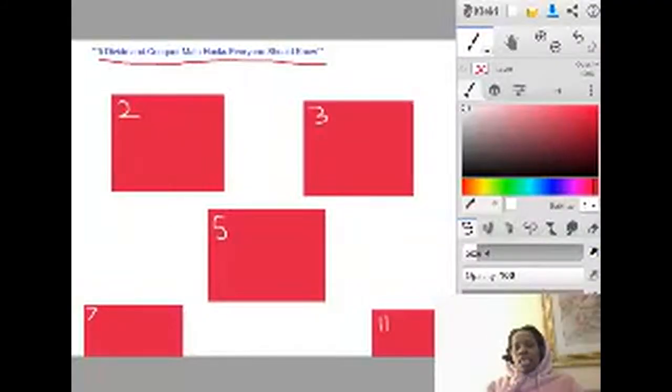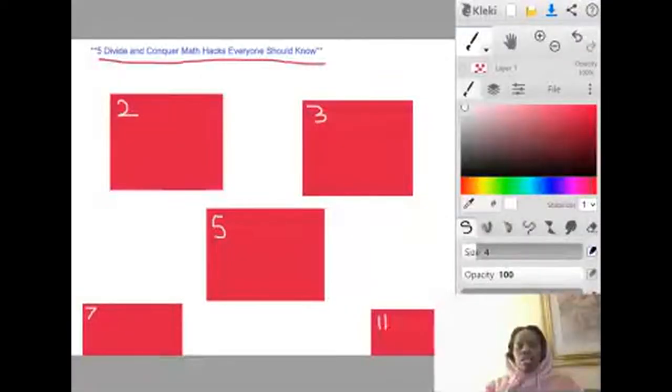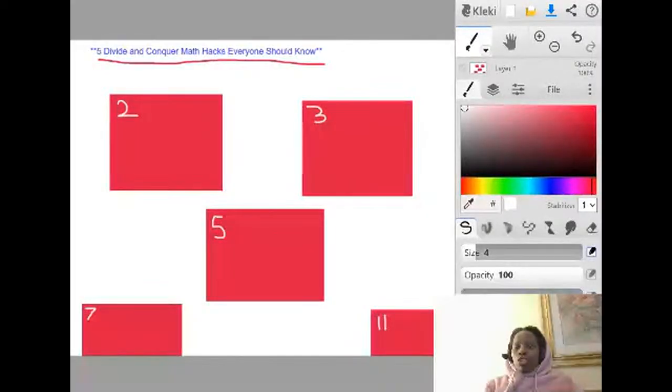So I'm going to just switch over to my whiteboard so you can see. These shortcuts help you quickly decide if a number fits into one of these patterns. First, let's look at multiples of 2. When you skip count by 2, you get numbers like 2, 4, 6, 8, 10, and 12.